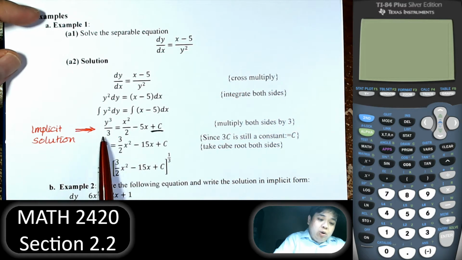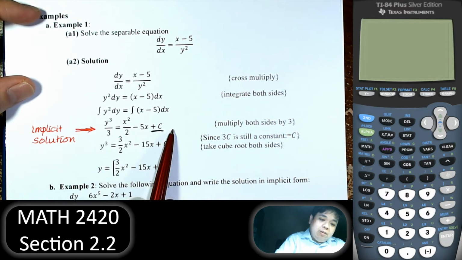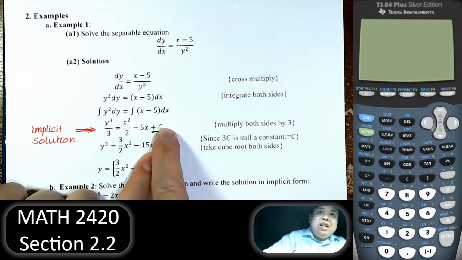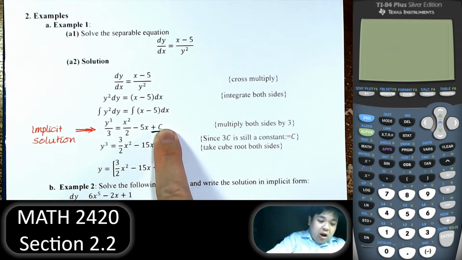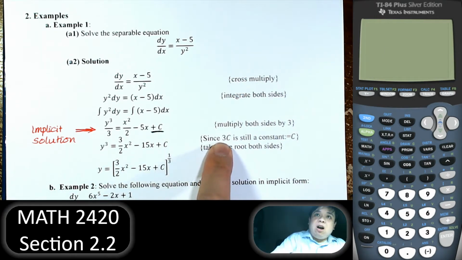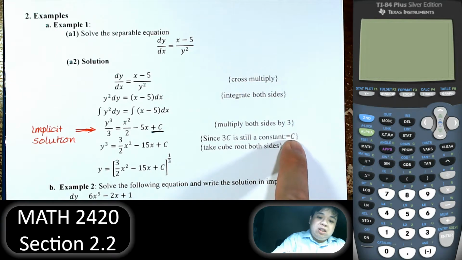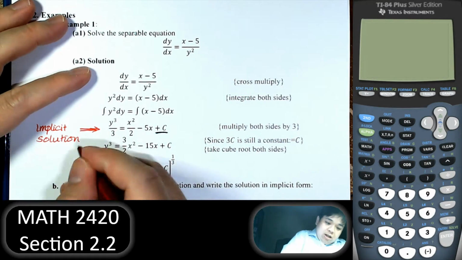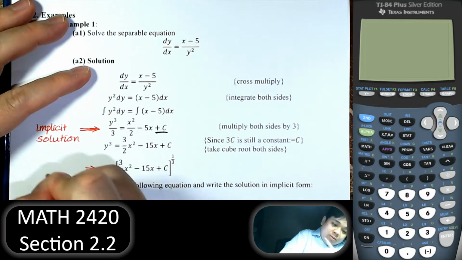If we want to multiply 3 on both sides, when we multiply by 3, we have 3c here. But since c is a constant, 3 times c is still a constant. So that's why I still write c. Since 3c is a constant, I will make that equal to c. And then we take the cube root on both sides. We have y equal to that. So this is the explicit solution.